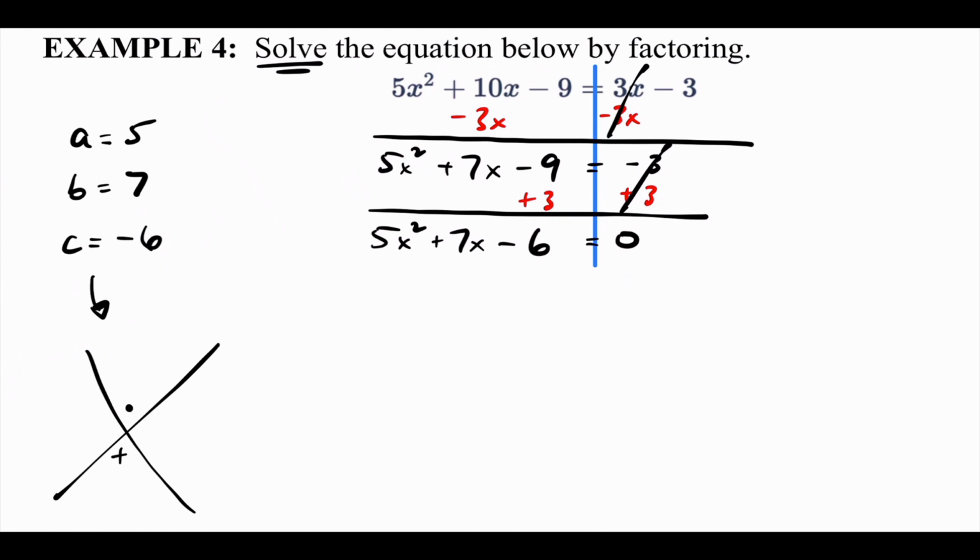Multiply A times C. I get negative 30. B goes on the bottom. So what are the two numbers that multiply to be the top, add to be the bottom? Multiply to be negative 30. So 10 times 3, 30 times 1, 6 times 5. I think that's it. So yeah, it would be positive 10 and negative 3.